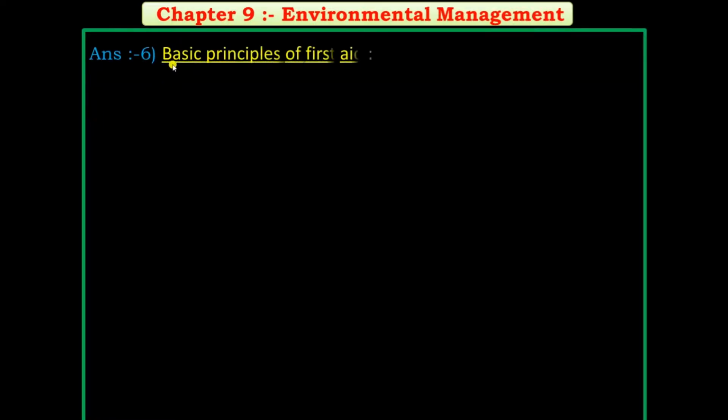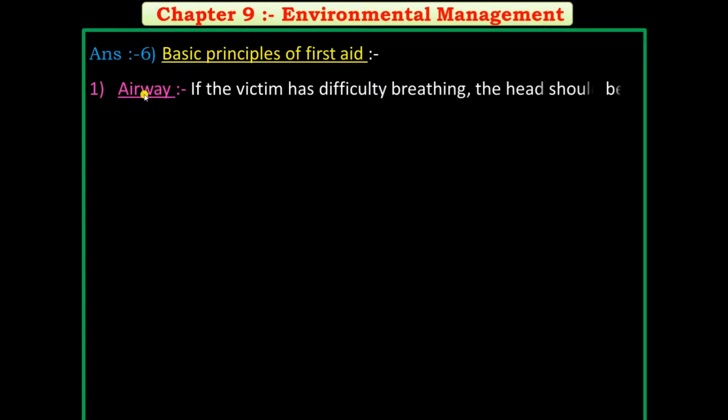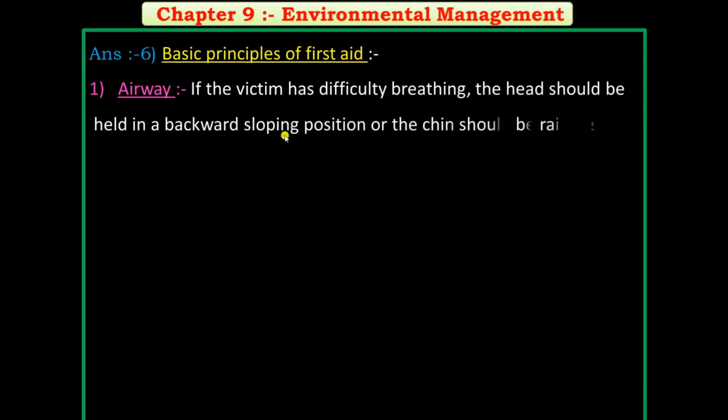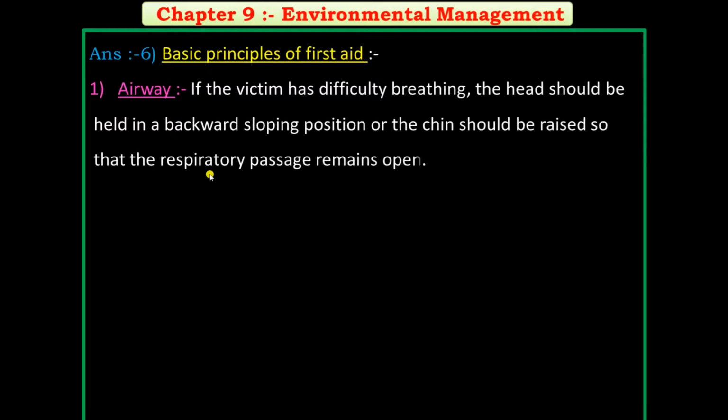Question number 6, basic principles of first aid. Write the short note on basic principles of first aid. The answer is: point number 1, airway. If the victim has difficulty breathing, the head should be held in a backward sloping position or the chin should be raised so that the respiratory passages remain open.